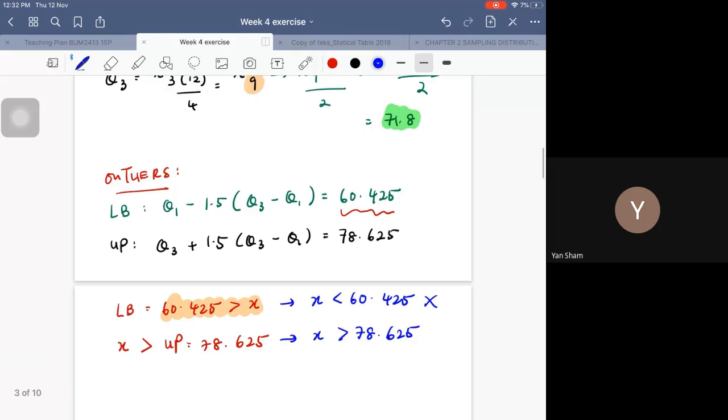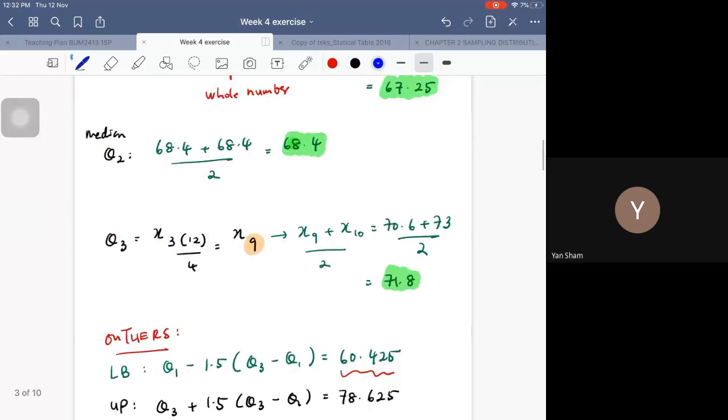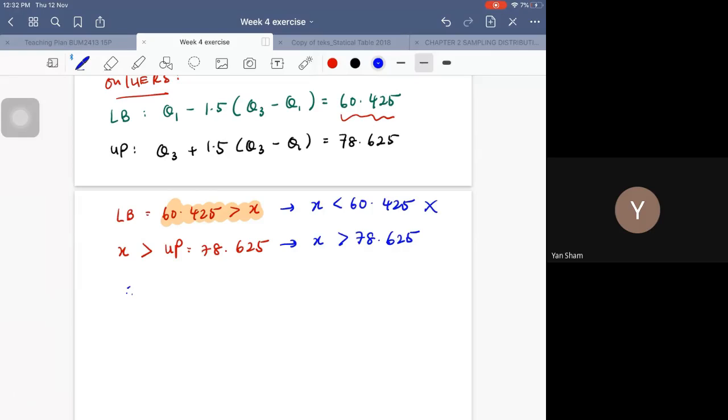And when we have a look at our data, there is one value which is greater than 78, which is this one over here. It is 79.9. So we can conclude that 79.9 is an outlier. Okay, so we only have one outlier, a big value that doesn't fit the rest of the data, which is 79.9. So it's not going to be included in our data.